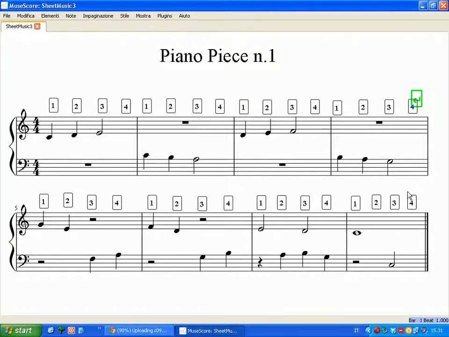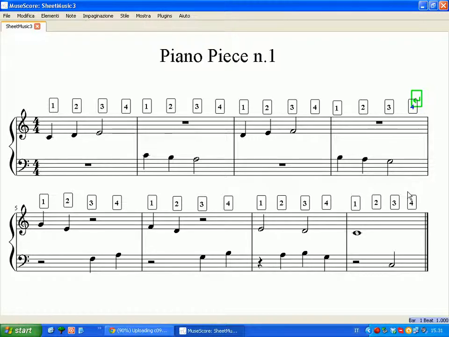Well, it is very important to have reached this goal, so to have written down all the beats, because we said that the beats are the focus points of a sheet music. So they are very, very important.